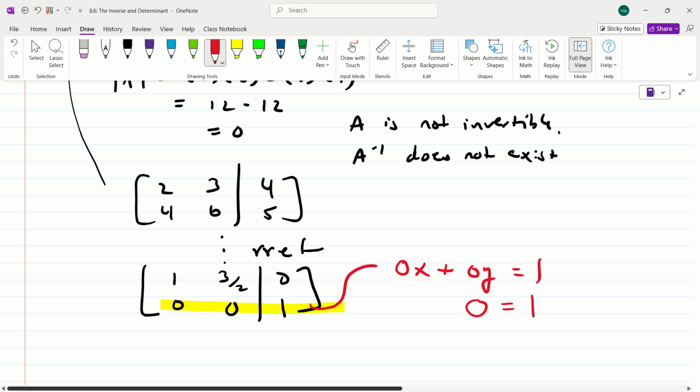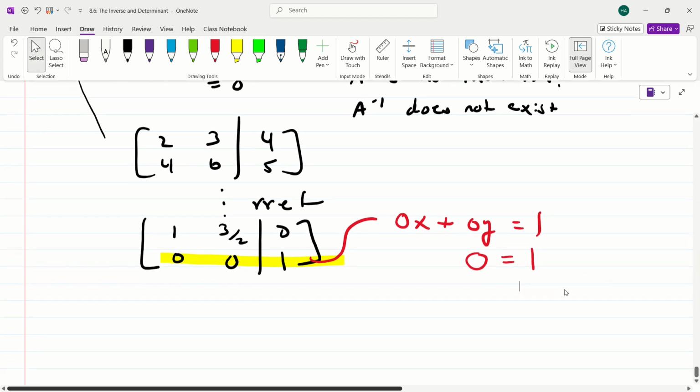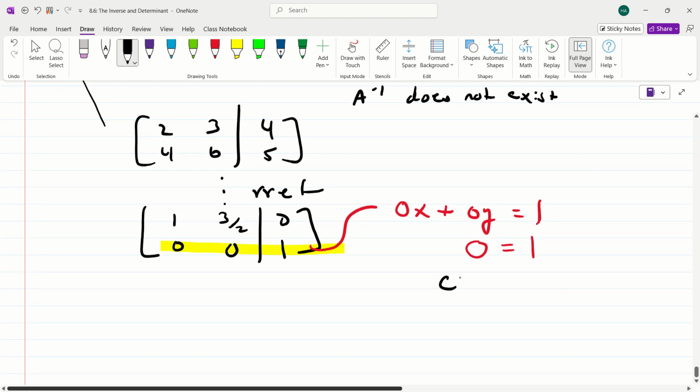That doesn't make sense. We have a contradiction, a contradiction to the assumption that our system of equations has solutions. So whenever you get a contradiction like this, that 0 is equal to 1, we have no solution here.